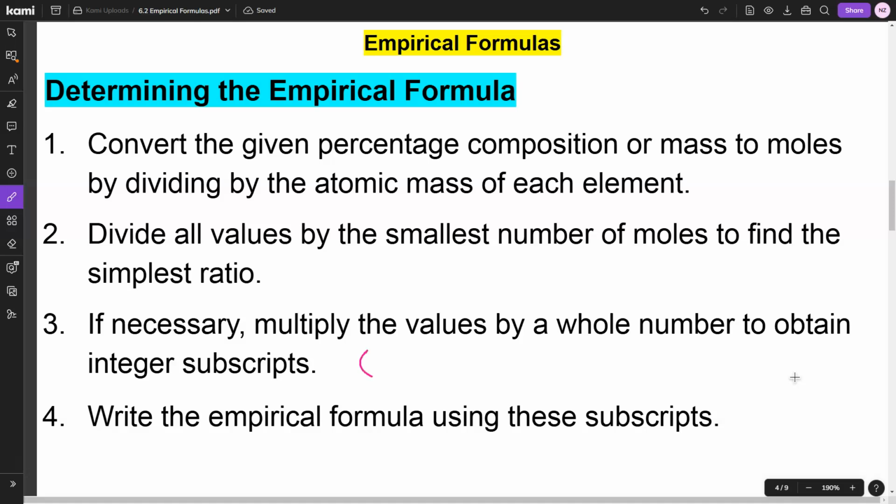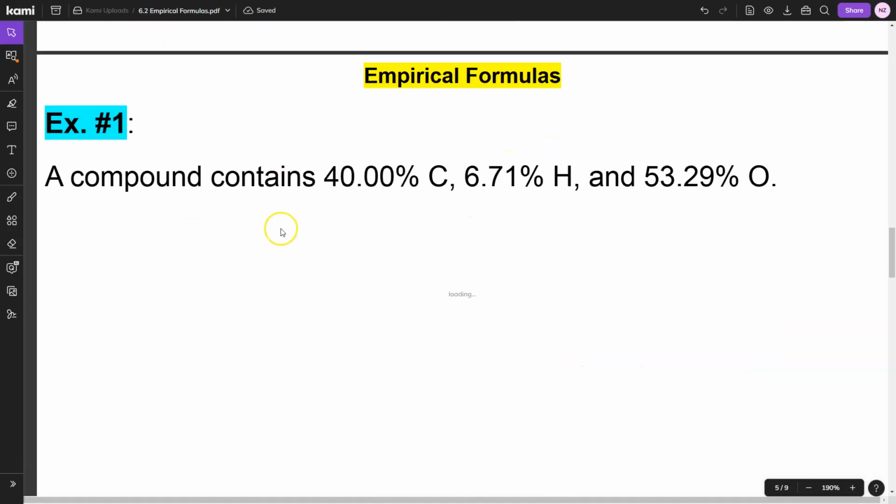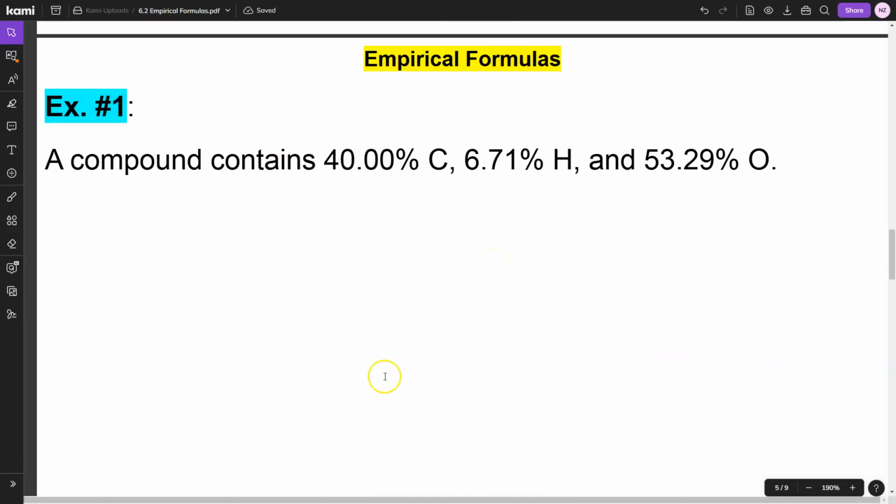So right here, no decimals in the formula. And we're going to do an example where you will see this come up. And then write the empirical formula using these subscripts. Okay, so let's take a look at an example so you can see what we're talking about here.